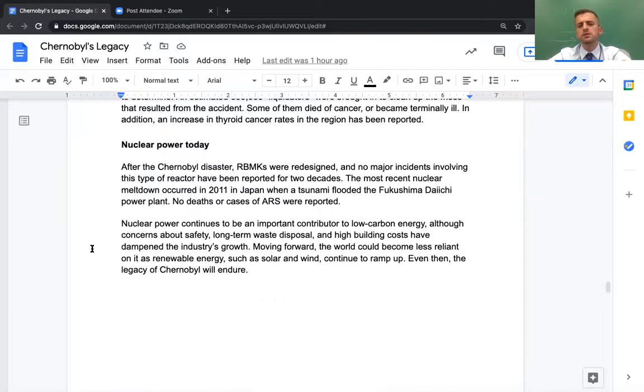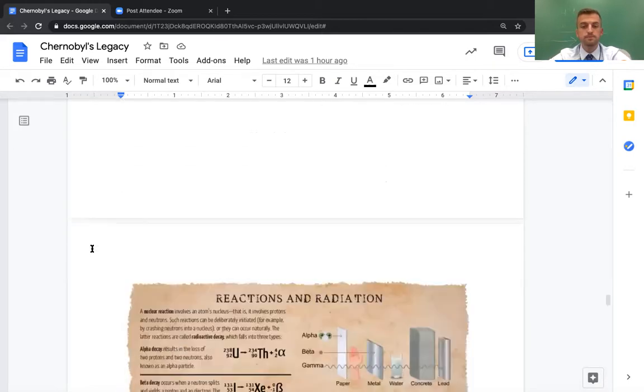Nuclear power continues to be an important contributor to low carbon energy, although concerns about safety, long-term waste disposal, and high building costs have dampened the industry's growth. Moving forward, the world could become less reliant on it as renewable energy such as solar and wind continue to ramp up. Even then, the legacy of Chernobyl will endure.